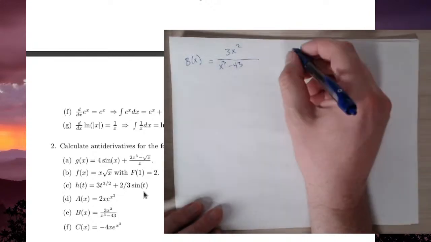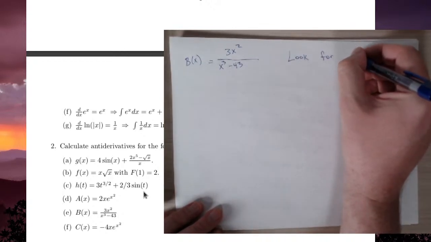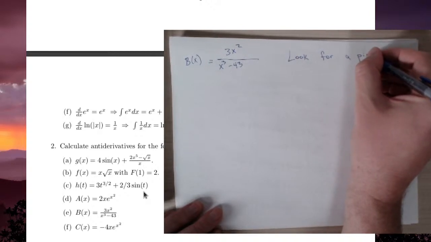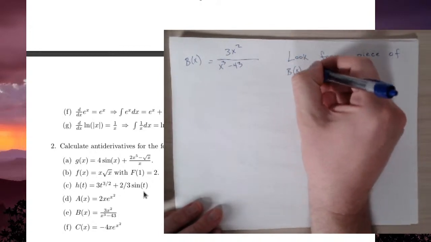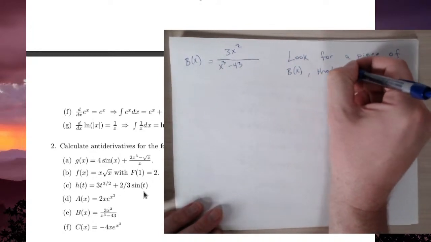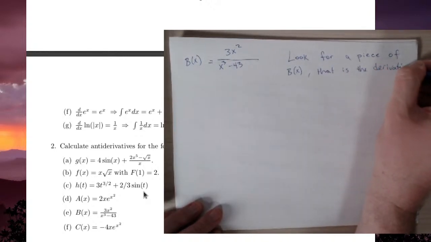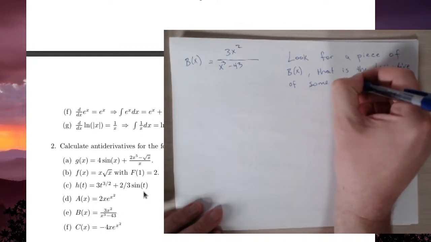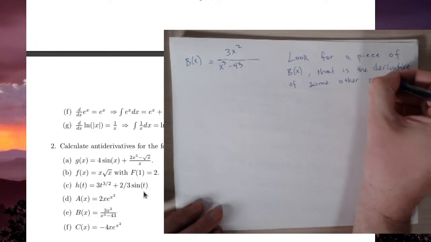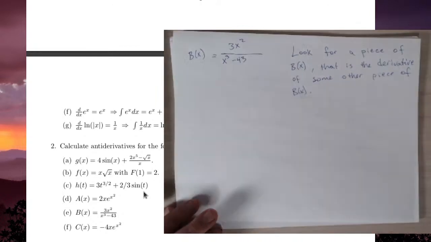So again, we want to look for a piece of b of x that is the derivative of some other piece of b of x. That's the goal.